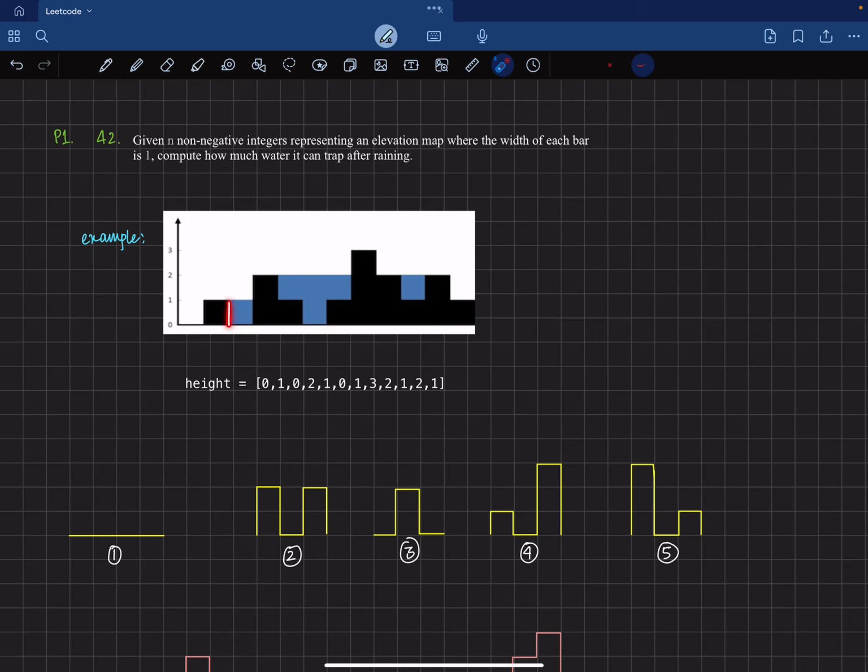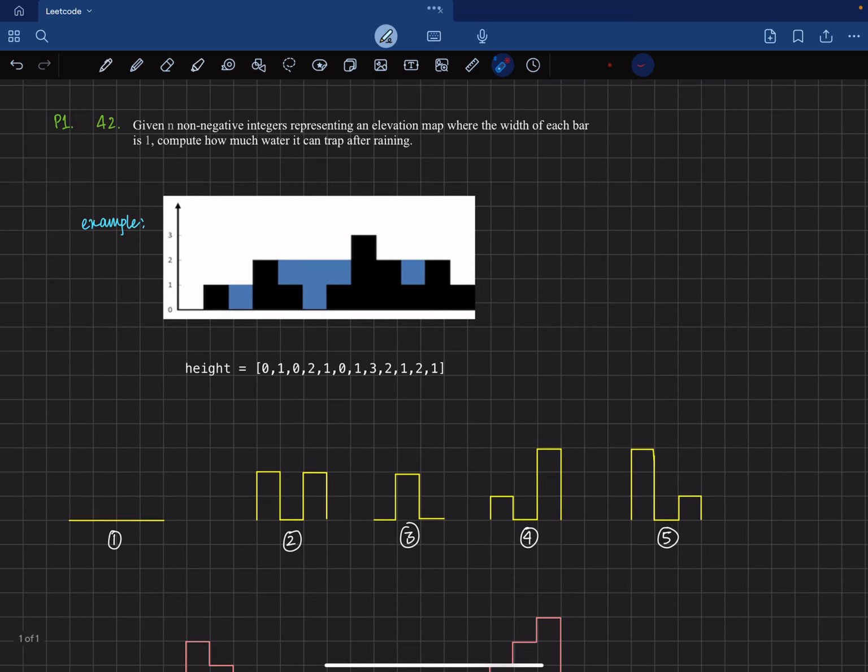For example, if you make a count over here, we have 1 unit of water trapped over here, 1 unit there, 2 units here, 1 unit there, and 1 unit over here. So how many is it? 1, 2, 3, 4, 5, and 6, correct? So for this case, the water that will be trapped is 6 units.